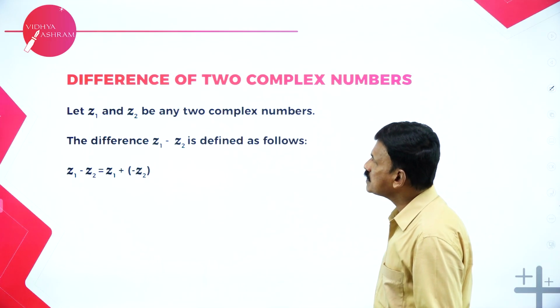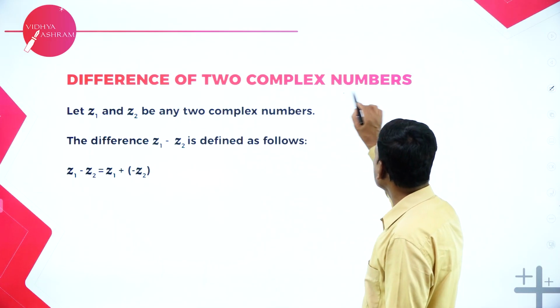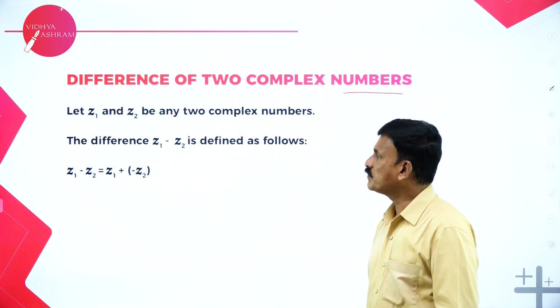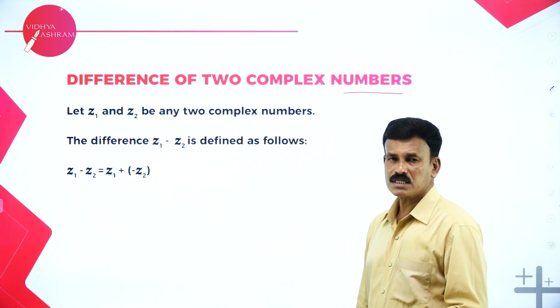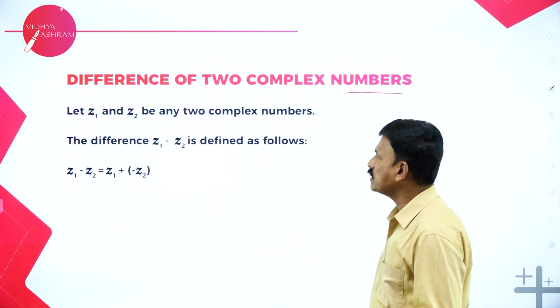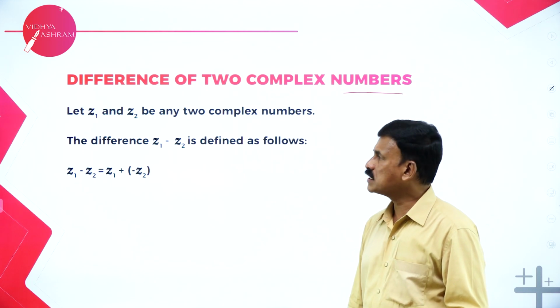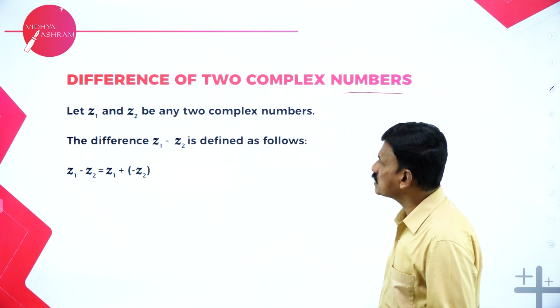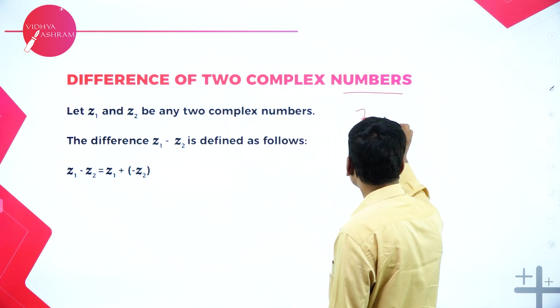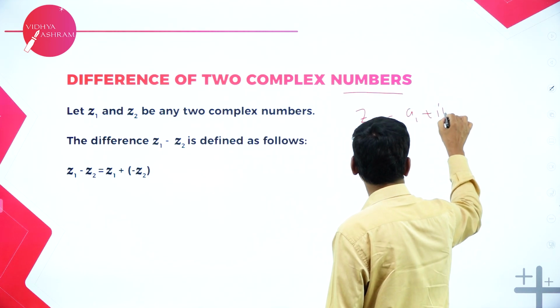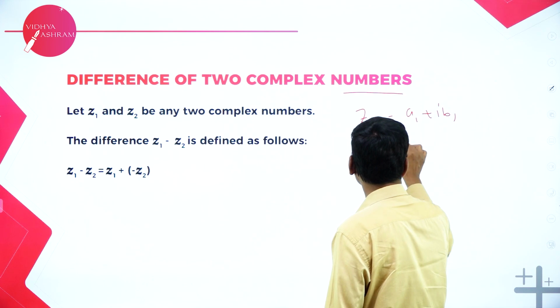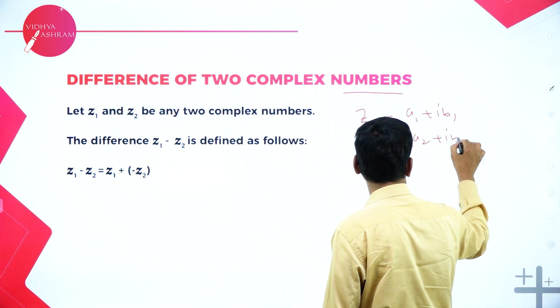Now the second one is the difference of two complex numbers, that is, subtraction. Let us consider Z1 and Z2, any two complex numbers. Z1 is equal to A1 plus i into B1 and Z2 is equal to A2 plus i into B2.